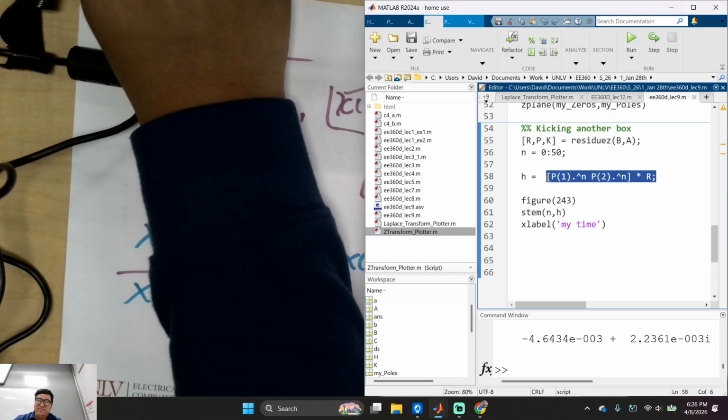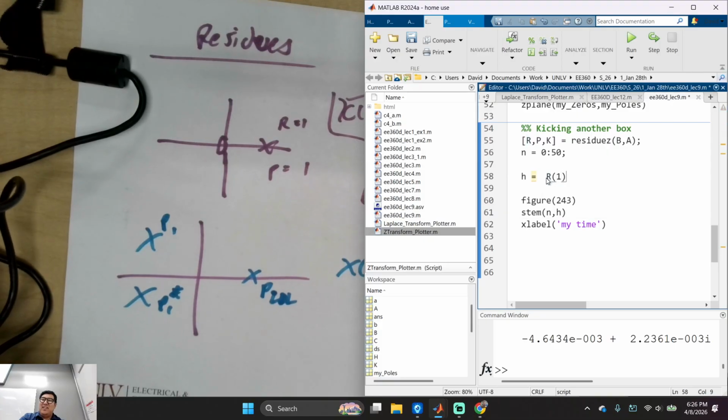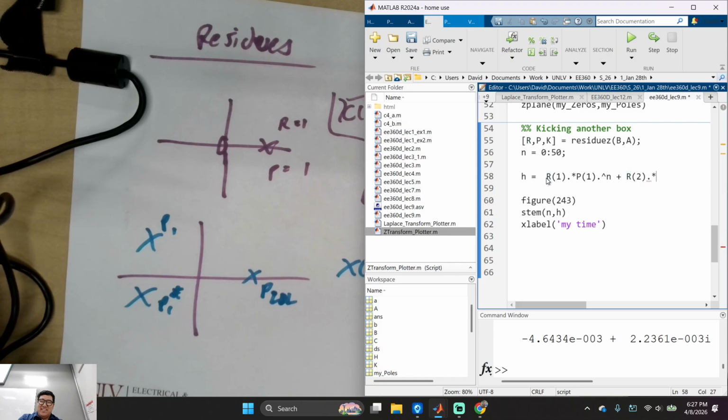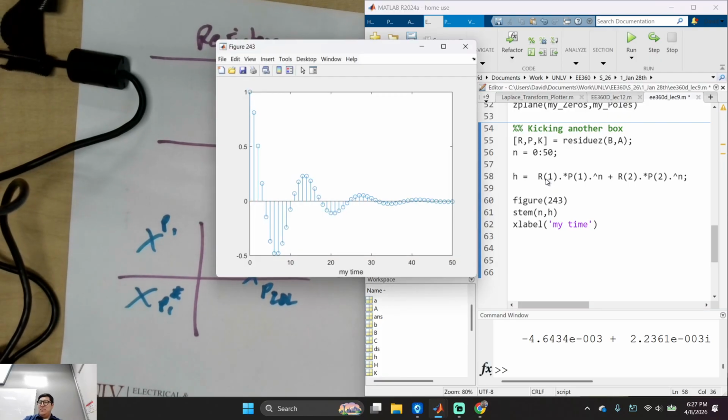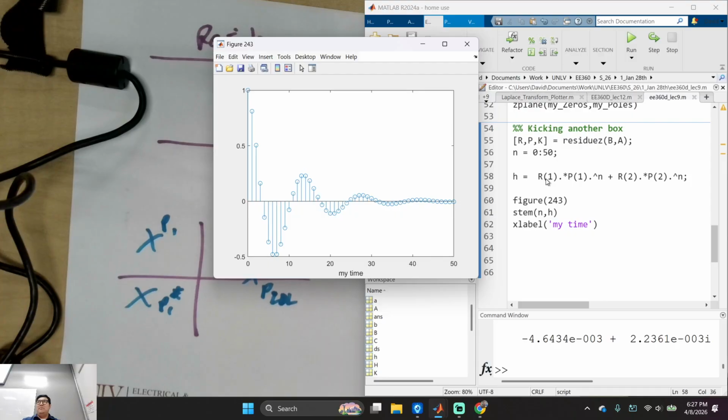R1 dot times P1 dot to the n, plus R2 dot times P2 dot to the power n. Any questions? You guys going to do this on the exam? Booyah, baby, let's go.